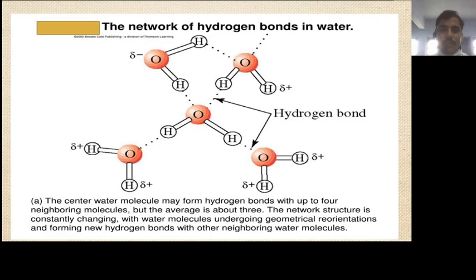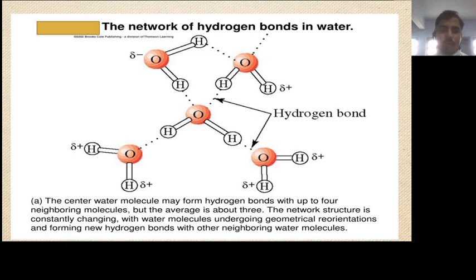This is the network of the hydrogen bonds in water. See here, the central water molecule is surrounded by four neighboring water molecules, and there is a formation of four hydrogen bonds between the central water molecule and the neighboring four water molecules.